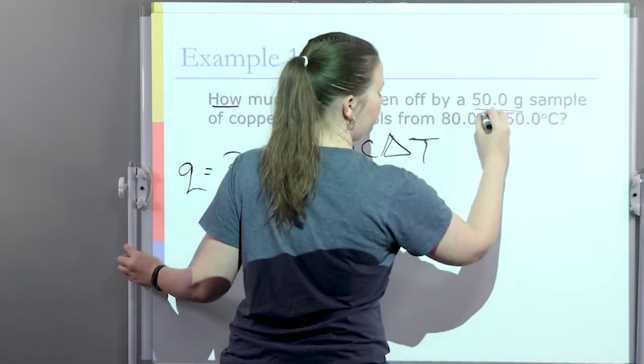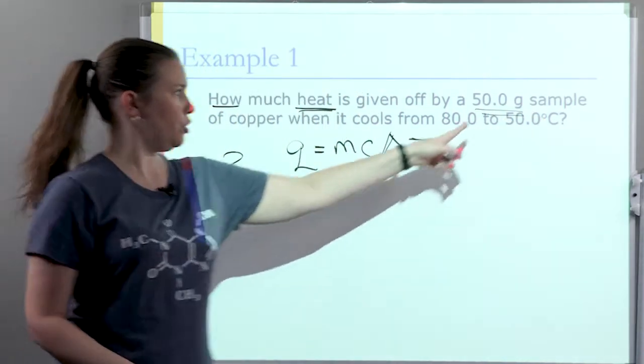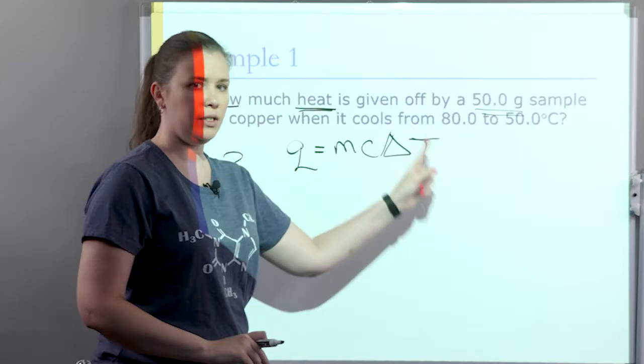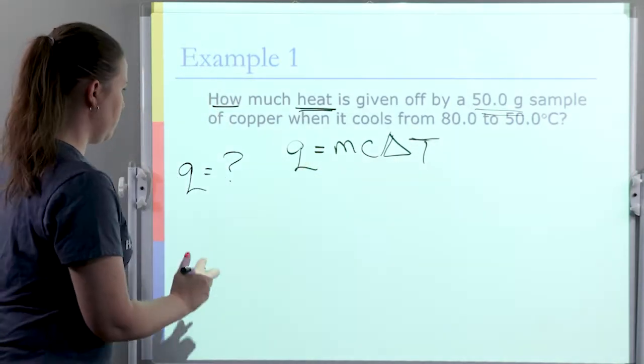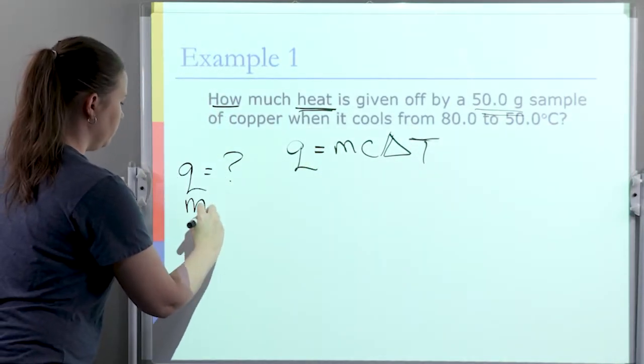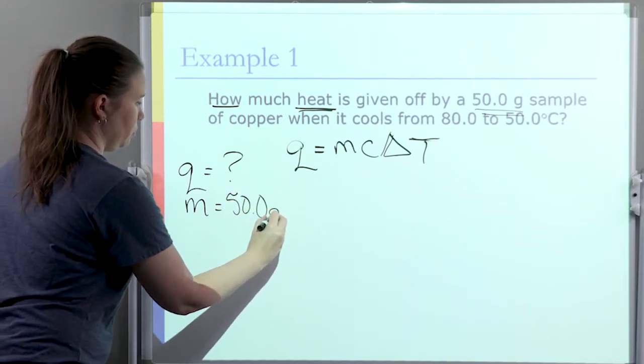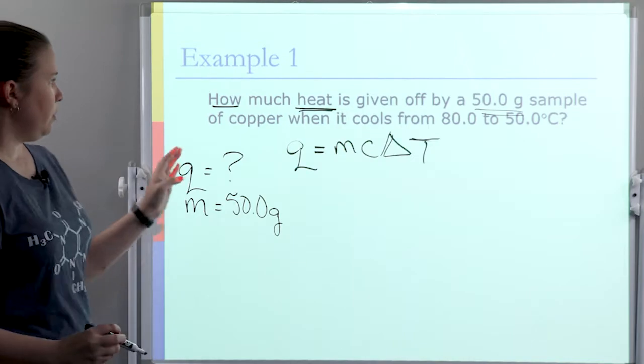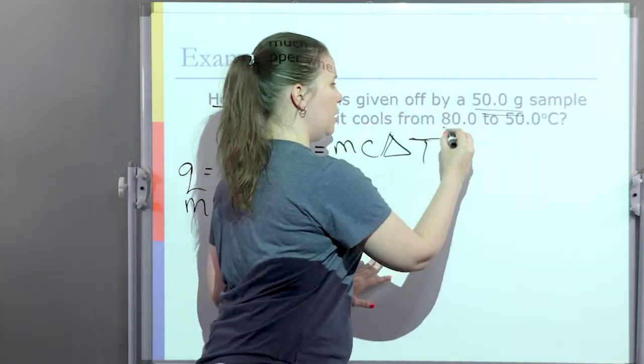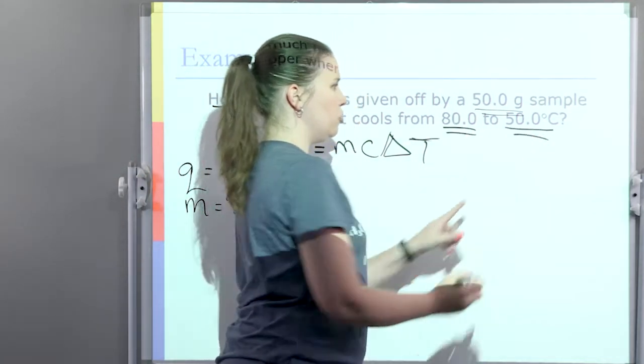Now I've got 50 grams. So would grams represent mass, specific heat, or temperature? Grams is the unit for mass. So my M is equal to 50.0 grams. The next numbers it gives me are the 80 and the 50 degrees Celsius.